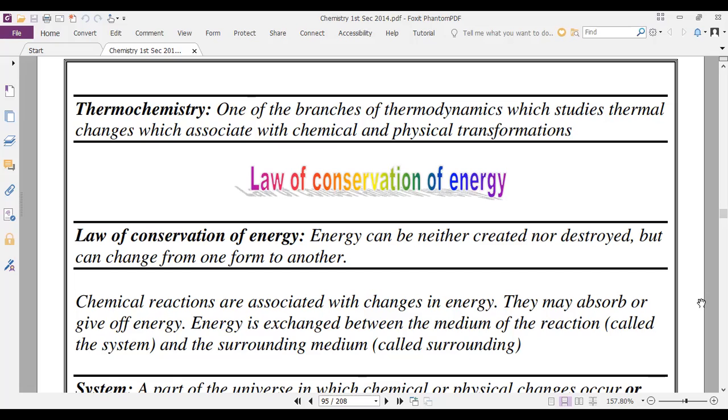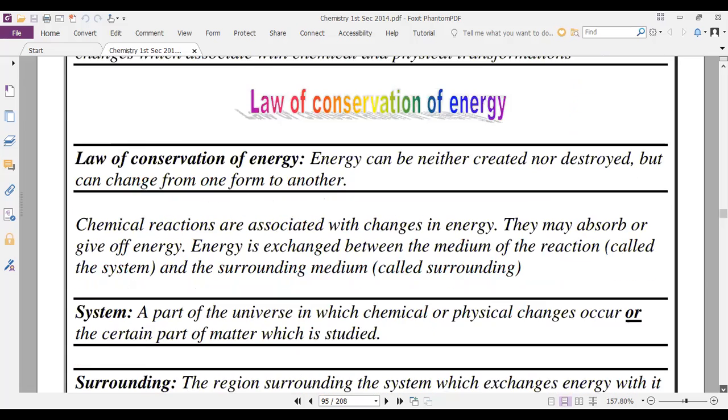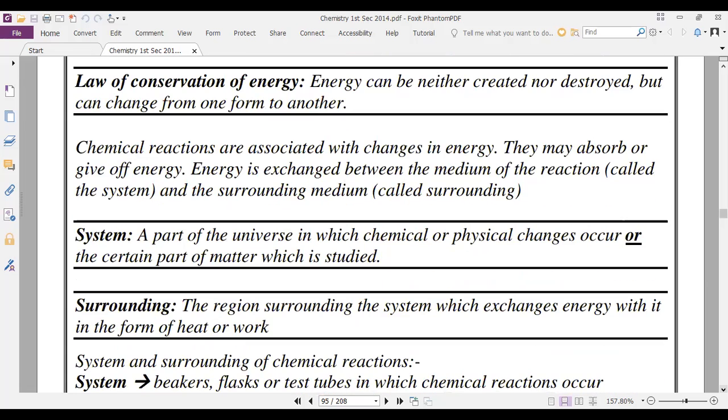So after this law, we are going to talk about chemical reactions. Chemical reactions are associated with changes in energy. They may absorb or give off energy.